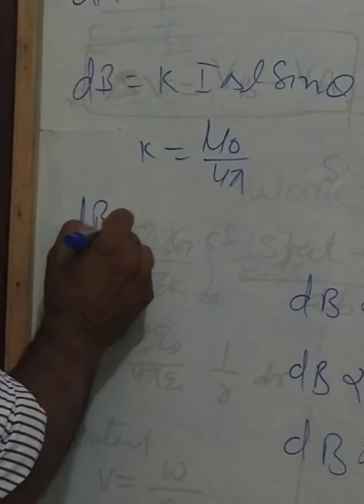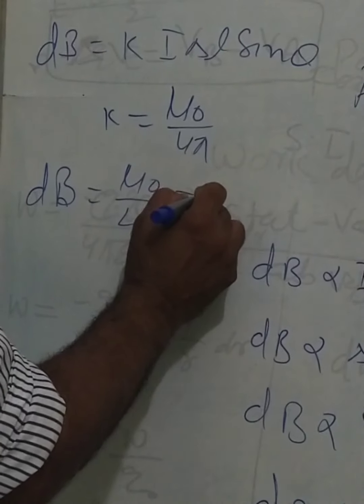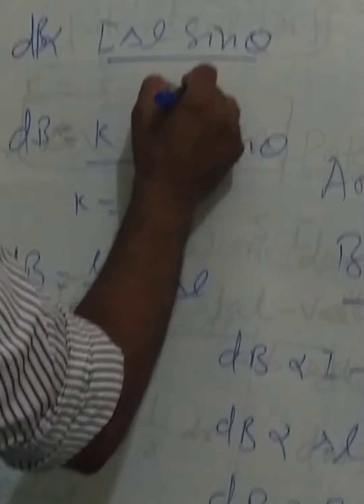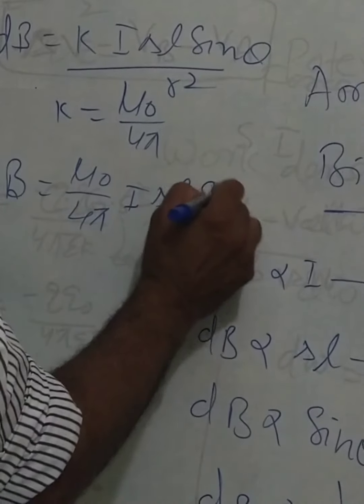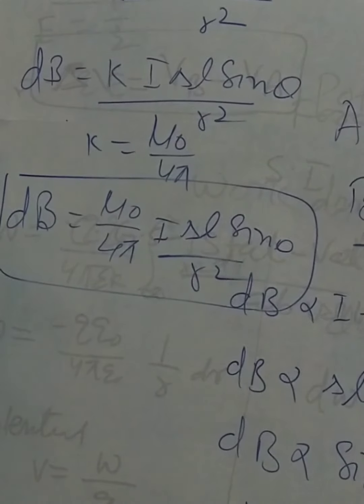So dB is equal to mu naught upon 4 pi, I del L sine theta upon r square. This is called the Biot-Savart law.